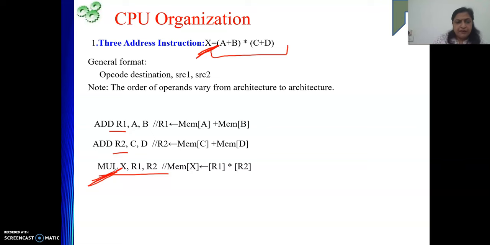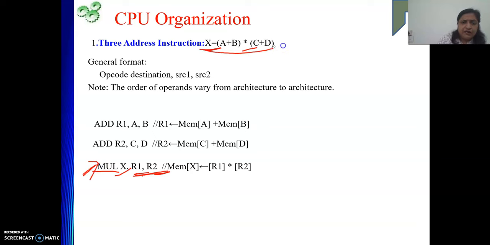So we can write MUL, uppercase, lowercase, all are correct. Our operation is multiplication, so I have written MUL. Then what I need to multiply? R1, R2, and that result will be stored in memory location X. So by this instruction, we have come to the end of evaluating this particular expression. Hope this one is clear.